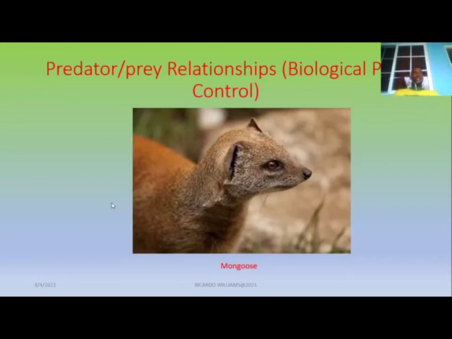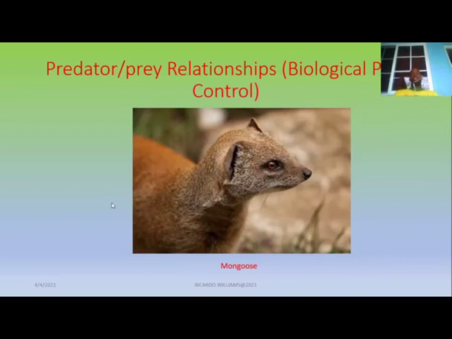So what they did was bring a natural predator to those rodents, which is the mongoose. They brought the mongoose into Jamaica and other Caribbean islands to feed on the rodents, to cut down the rodent population. Alright? So that's an example of how the predator-prey relationship can be used as biological pest control.